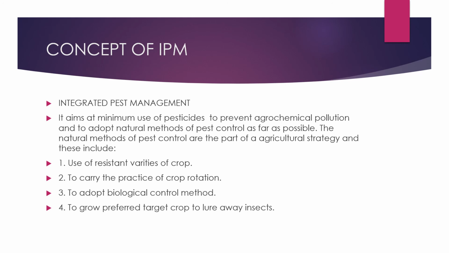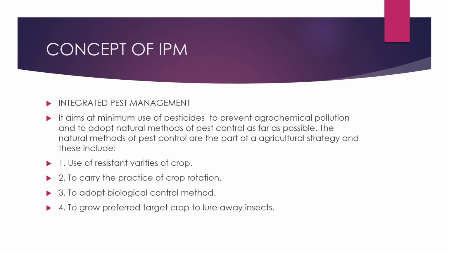So the strategy we have is to adopt natural methods of pest control as far as possible. Natural methods are part of an agricultural strategy. So what are the natural methods? One is that we should use resistant varieties of the crop.